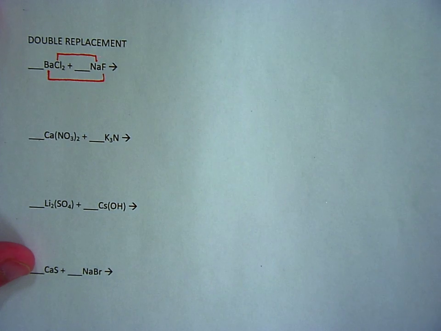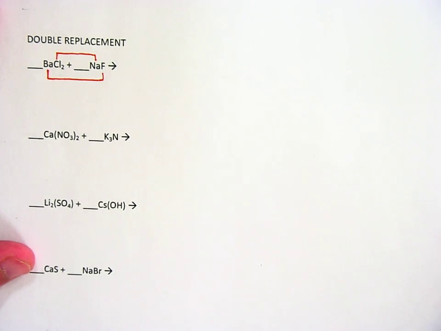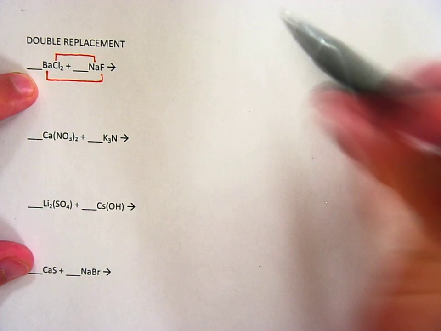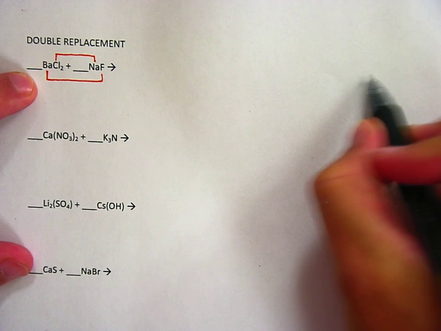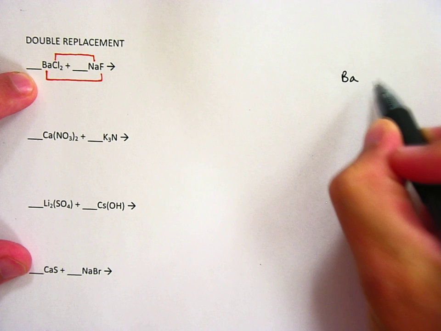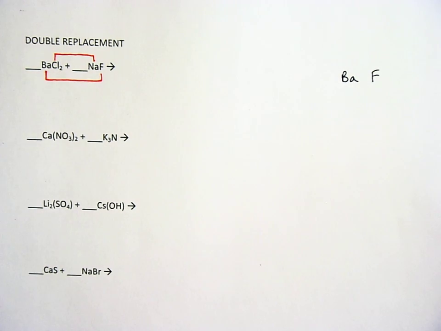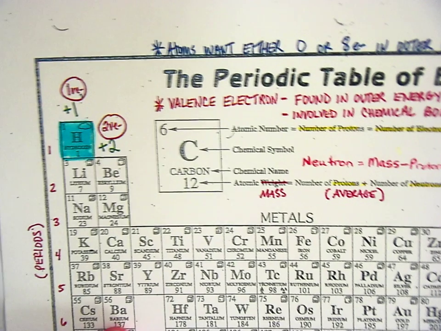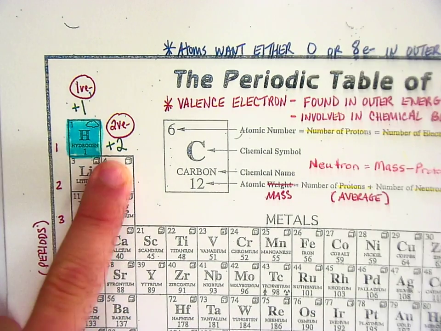But now to get the actual products, we're going to do a little bit of work off to the right where we have to do the crisscross method. So we'll start off with the outies first. So barium and fluorine. So we're going to go off to the right here and write Ba and F. Looking at our periodic table, barium is down here and it has a +2 charge.